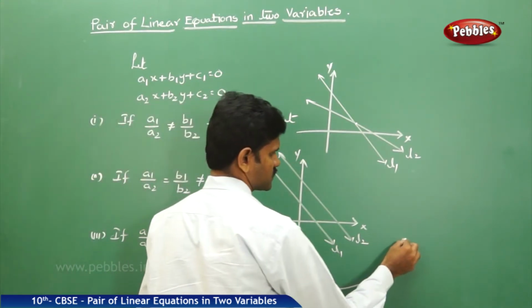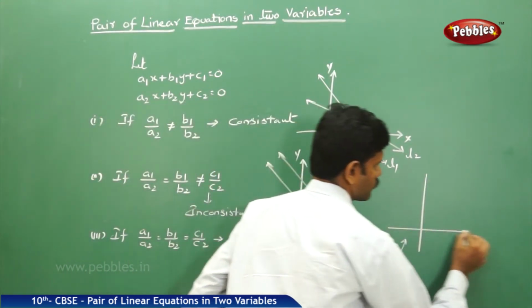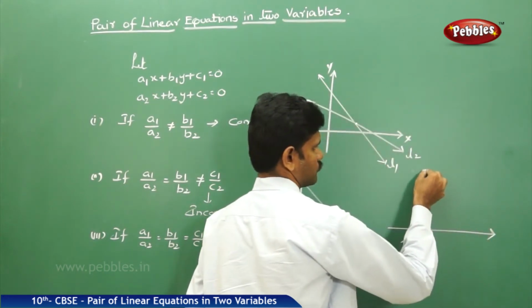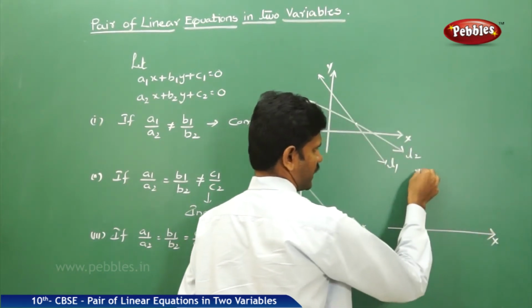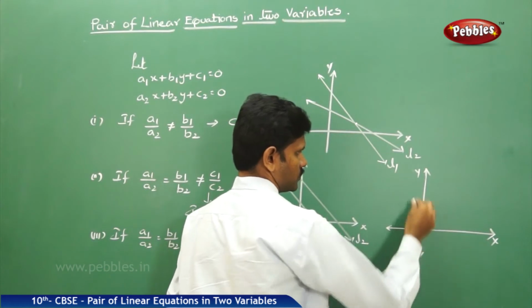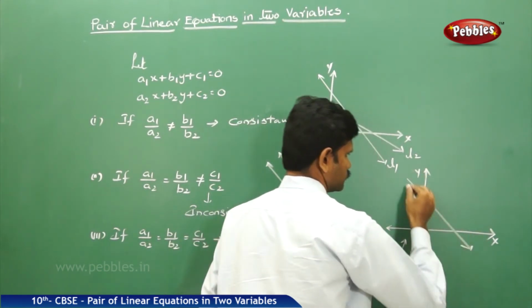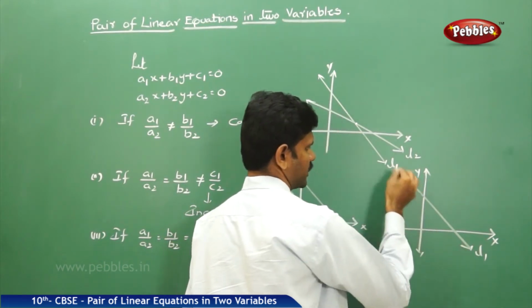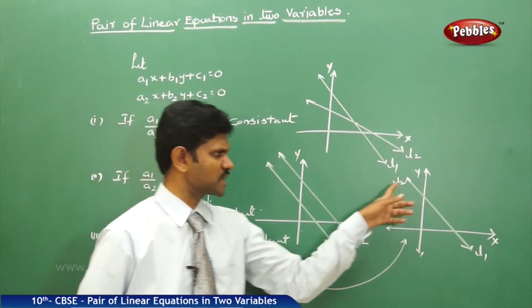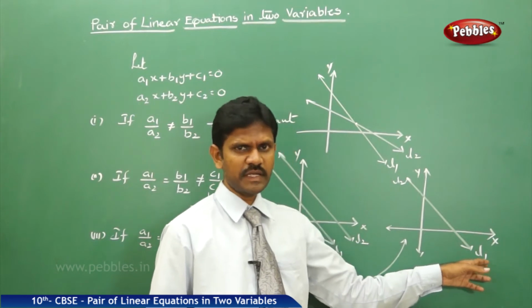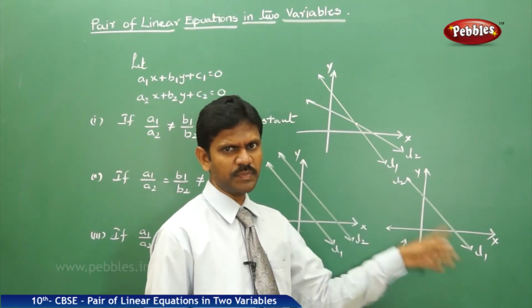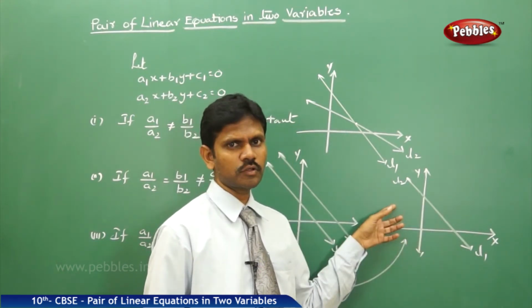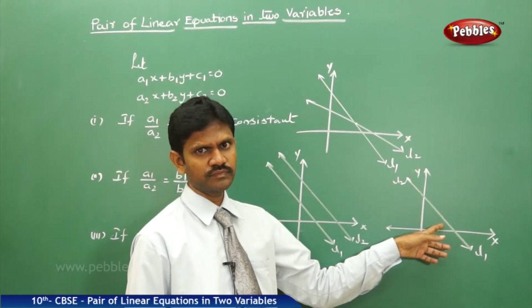That is the nature of the graphs. See, x y, that is L1, L2. What does that mean? For the same line, here you name it L1, here you name it L2. That is, L1 and L2, both the lines coincide with each other.